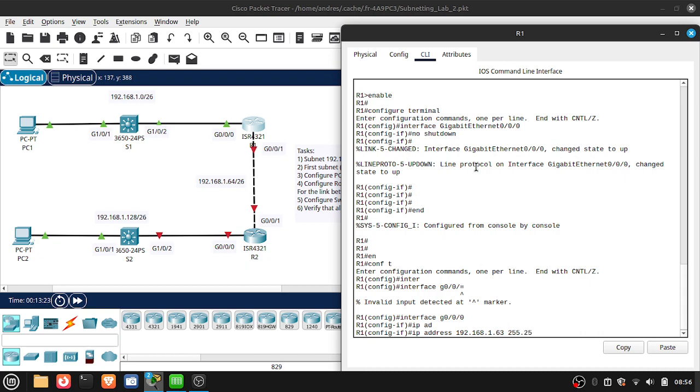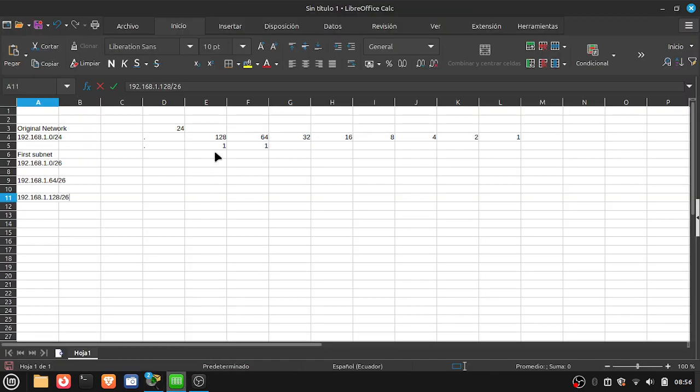255.255.255, and what is going to be the netmask for /26? Well, /26 has 2 bits in one in the last octet, and those 2 bits are 128 and 64.